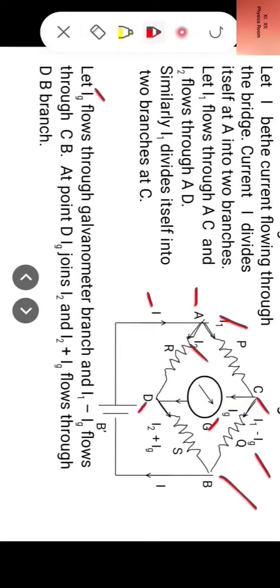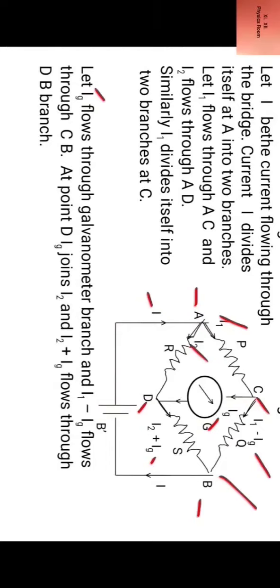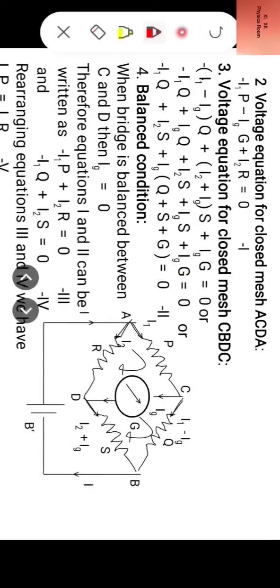At point D, IG joins I2 and I2 plus IG flows through DB branch. So this is how the current flow through the circuit takes place.